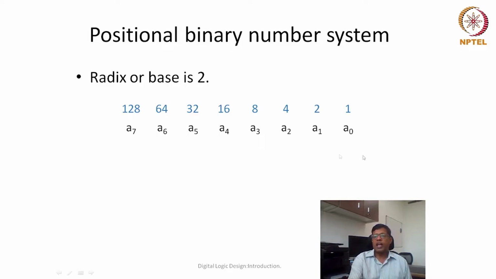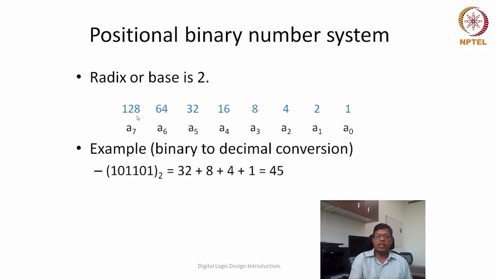So this way, as we move from least significant bit to most significant bit, the power of 2 keeps on incrementing. Let's see it with an example. Let's say we have a number which is 101101, and I want to convert this binary number to a decimal number. I need to start from the least significant bit, that is 1.